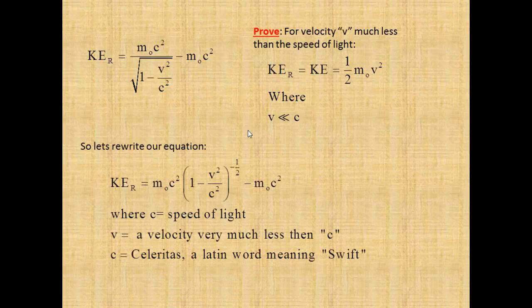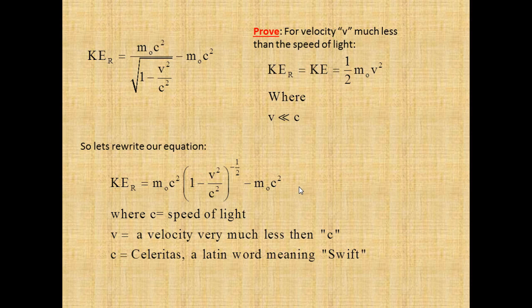Okay. So let's rewrite our equation. And here's our equation we came up with. KE sub r, where c equals the speed of light, v is a velocity much less than c. For those that don't know, why do we call the speed of light c?